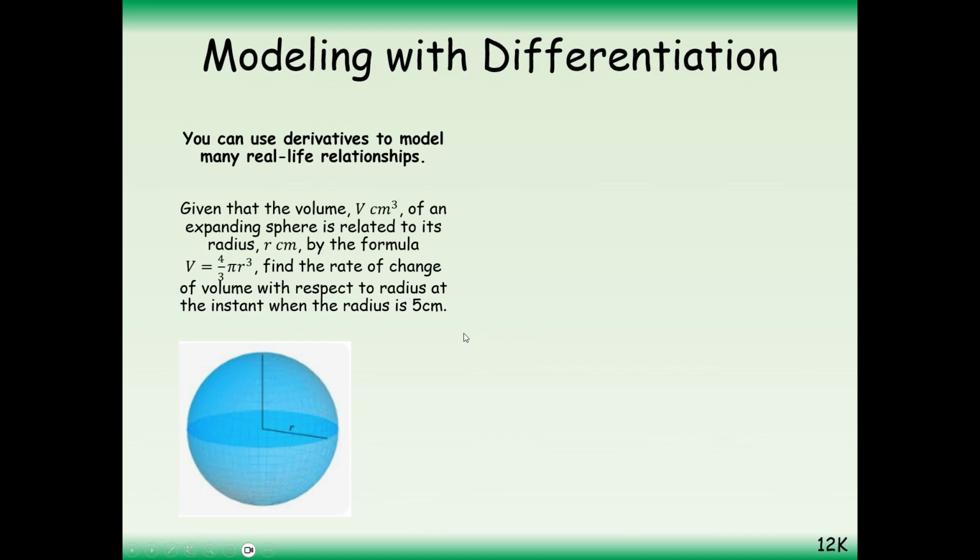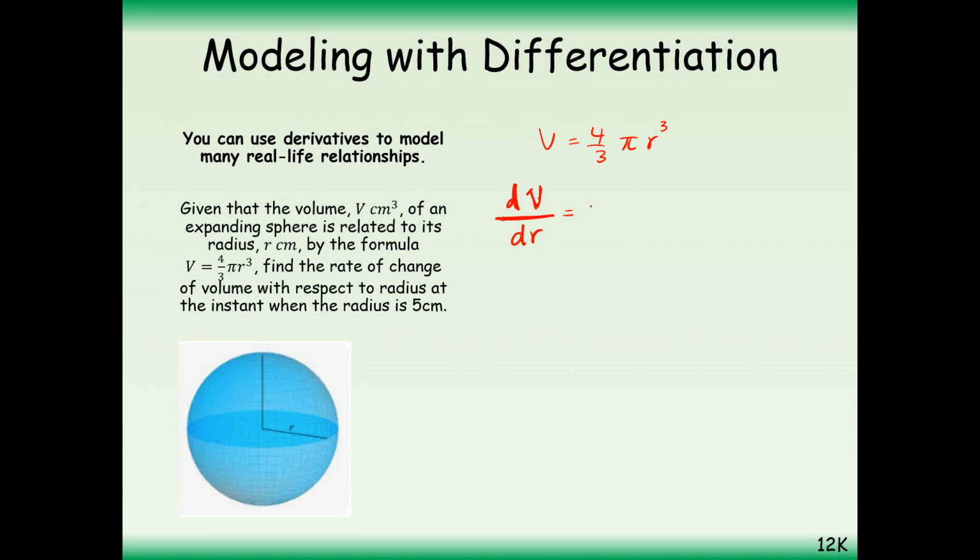So we have the formula V equals 4 over 3 pi r cubed, and we are looking for the rate of change with respect to radius. That's what it means. I did tell you that sometimes you have to differentiate with respect to other variables, not always in terms of y and x.